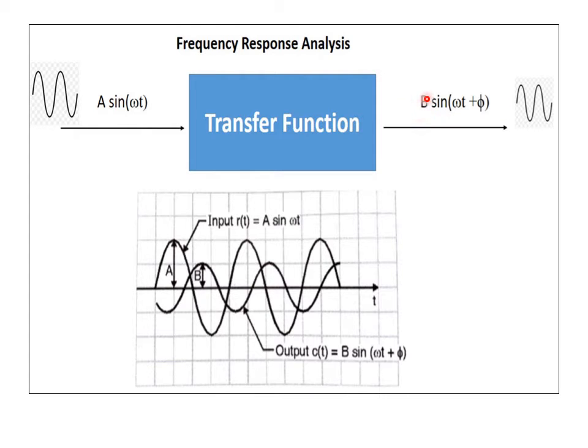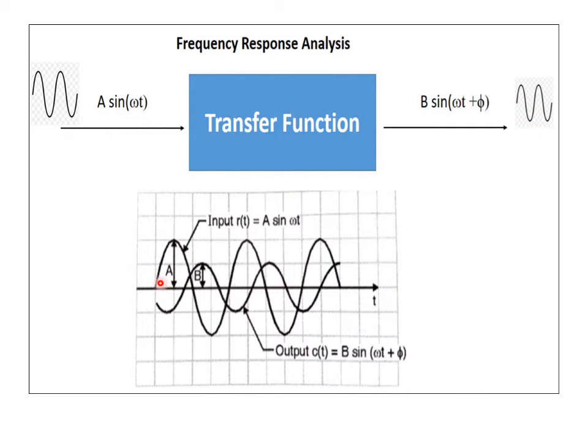So b is the amplitude and phi is the phase change. There may be a phase change, so initially it may be like this, and afterwards, after the system performs, it will be like this.